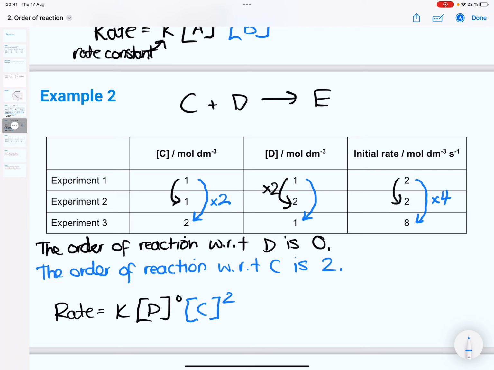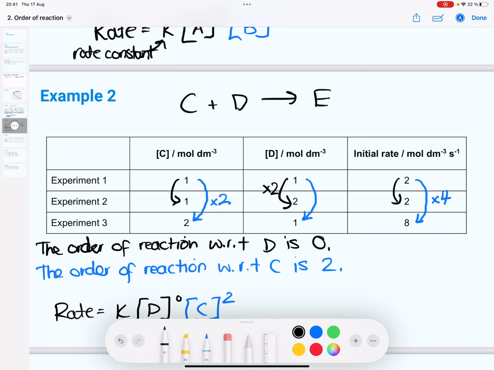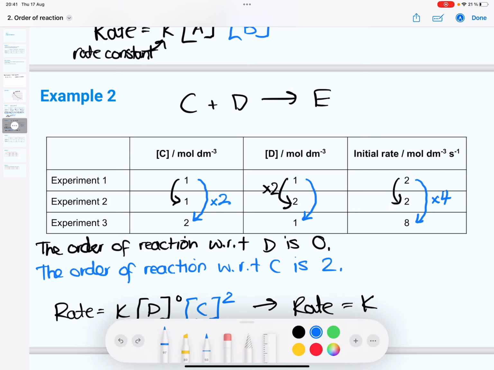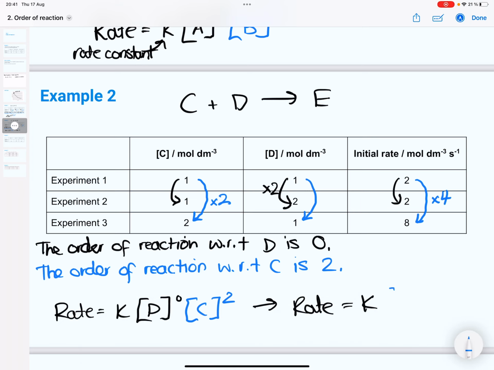Actually, you would usually not include D in the rate equation as it has no impact. It's going to be constant. It doesn't matter. If I change the concentration of D up and down, it's not going to change the rate. So therefore, the rate equals K times the concentration of C squared.